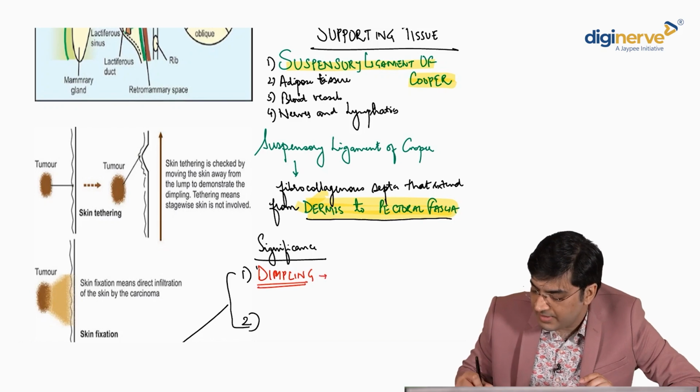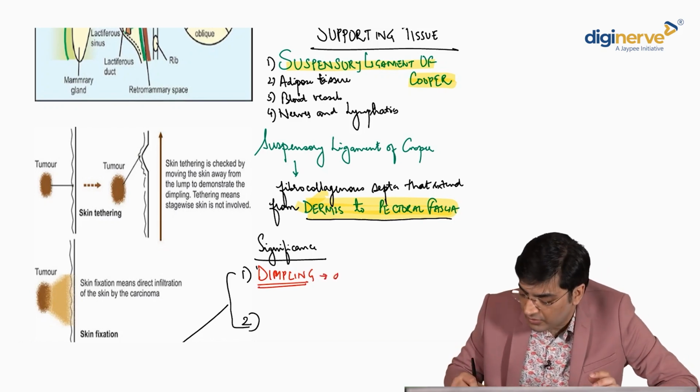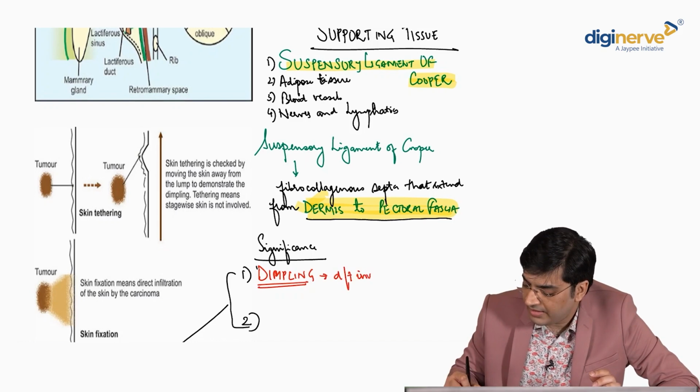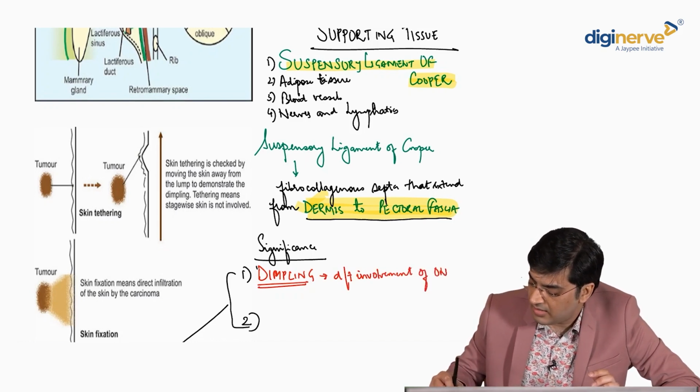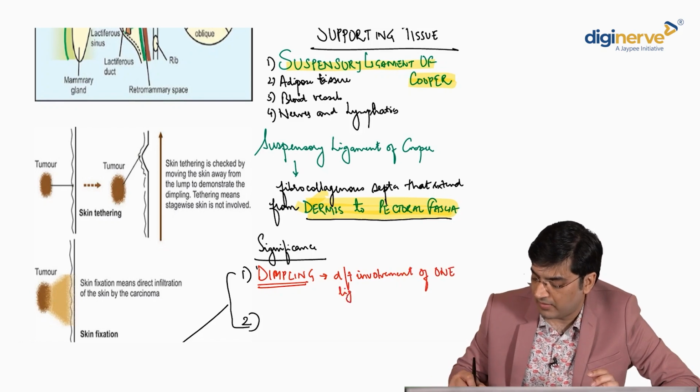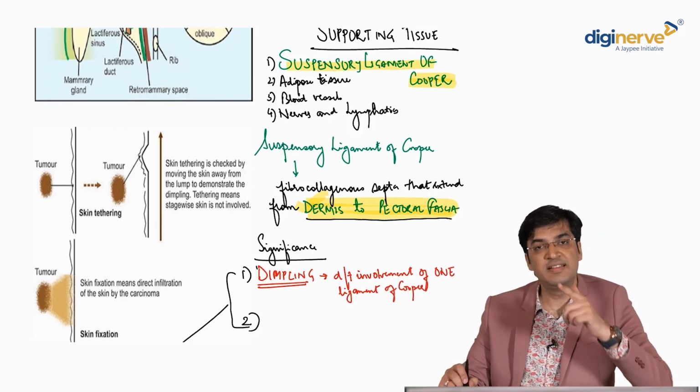We all know what a dimple is, right? Dimpling is due to involvement of one ligament of Cooper. That is, if a single ligament gets involved, there is dimpling.